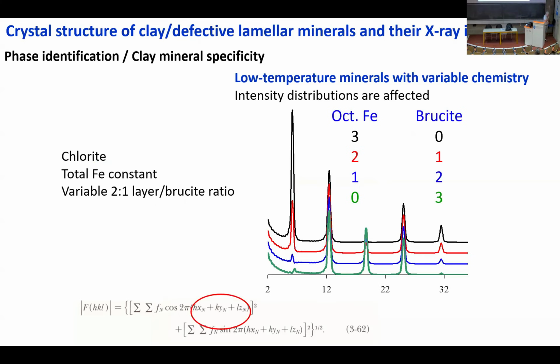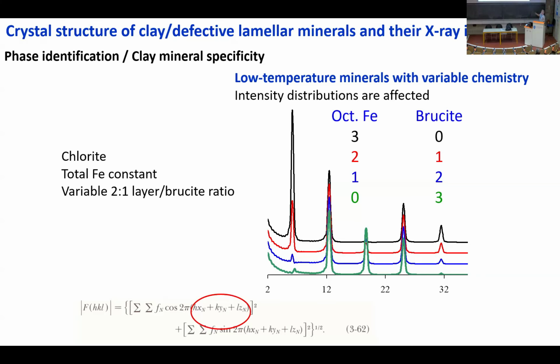Just, it may not be that simple, because here I have assumed a chlorite in which I have total iron content constant. I always have 3 iron in total in the 2 octahedral layers. I just change the distribution between the one in the 2-to-1 layer and the one in the brucite layer.